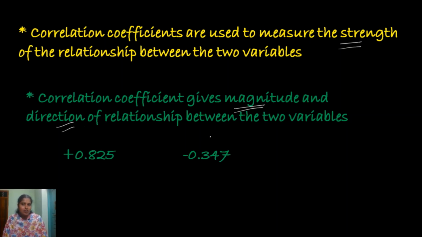For example, plus 0.825. Here, plus indicates the direction, and 0.825 is the magnitude.